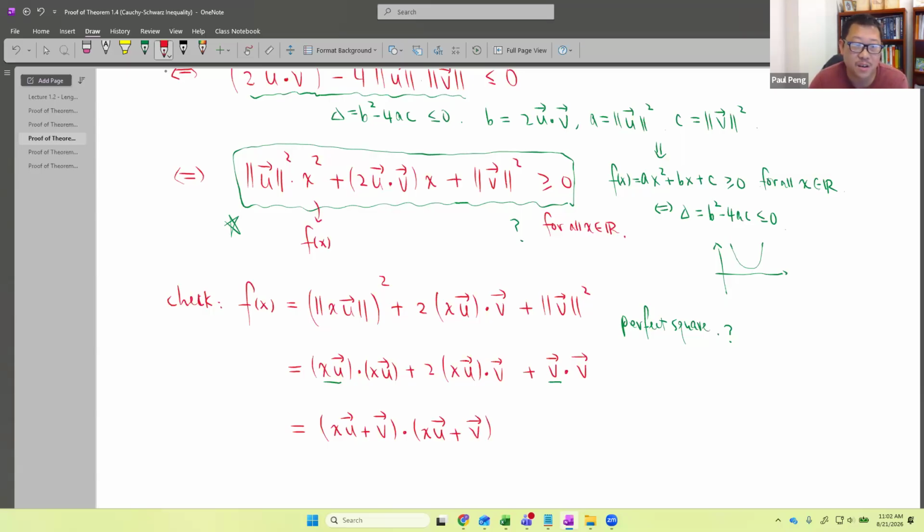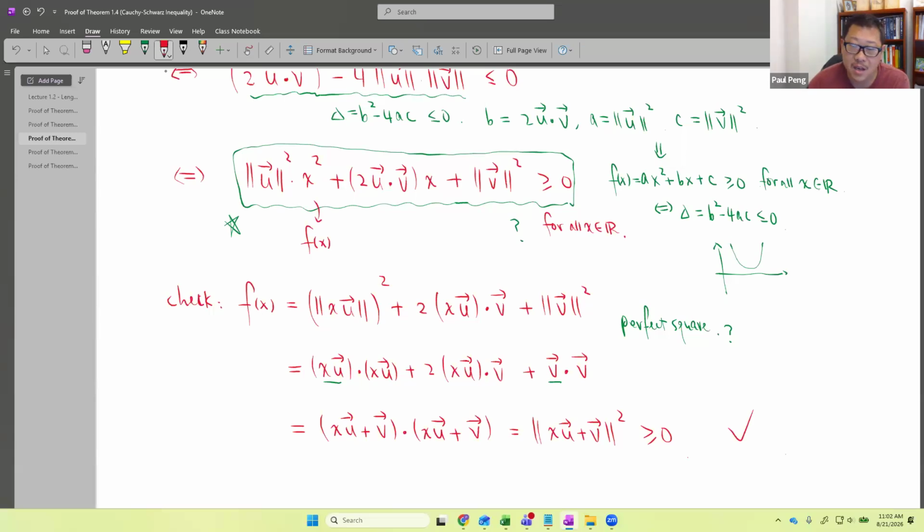After you distribute the first, the last, and the middle term, it's just a double, which is quadratic. So this is the length of xu plus v, squared. Perfect, so this is greater than or equal to 0, and it's true.